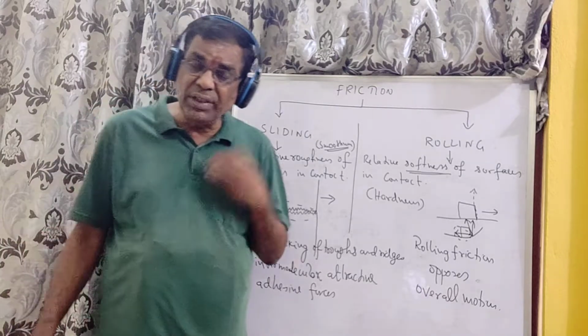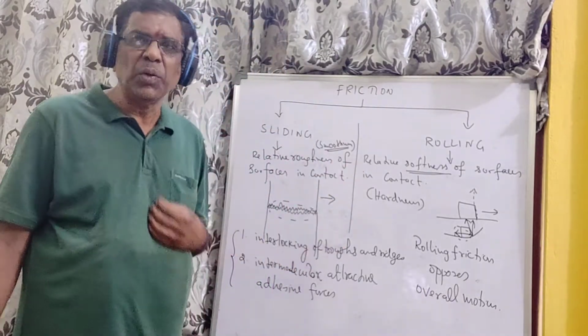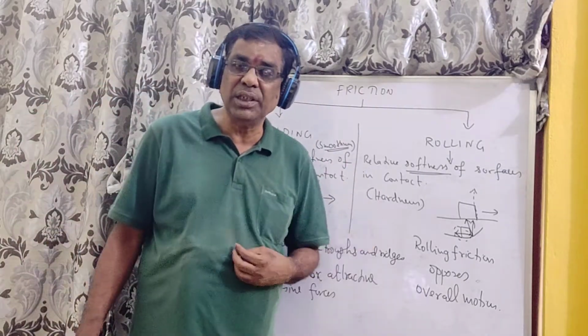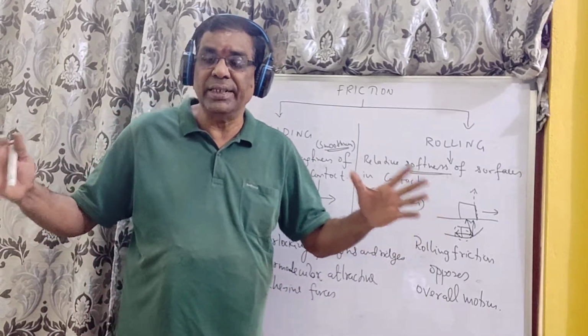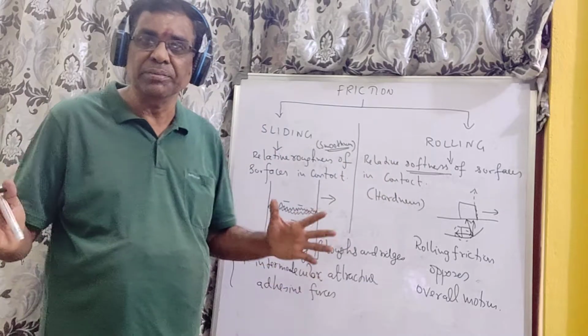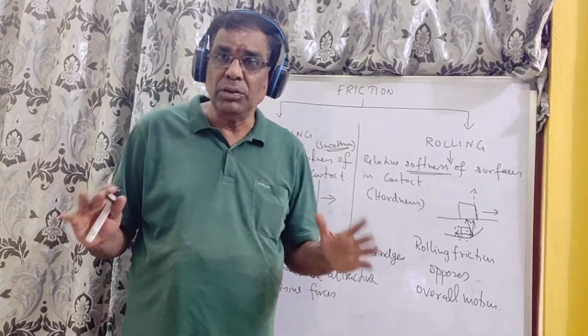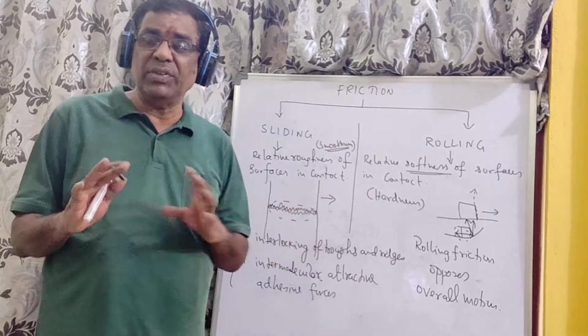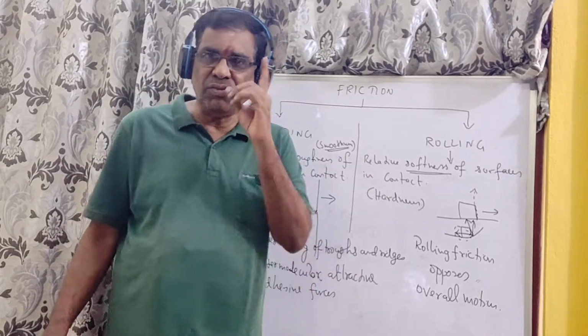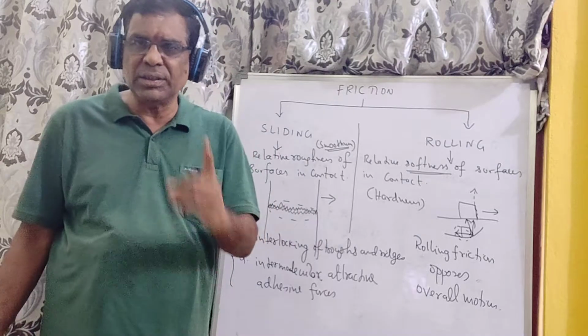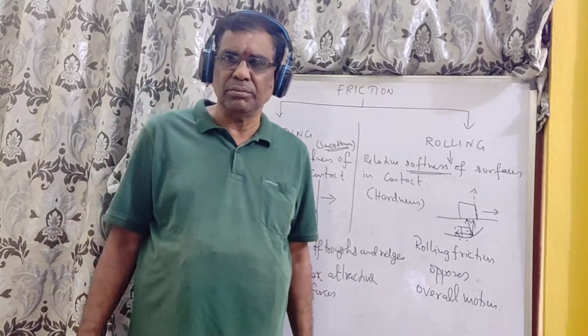What we learned in our school days, our science teacher used to say, is that friction is a monster. It is there to oppose you. So be careful. Friction will never support you. It will always oppose you. The first wrong concept is this.